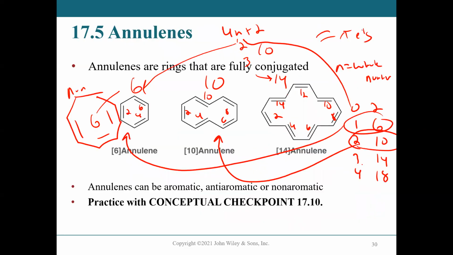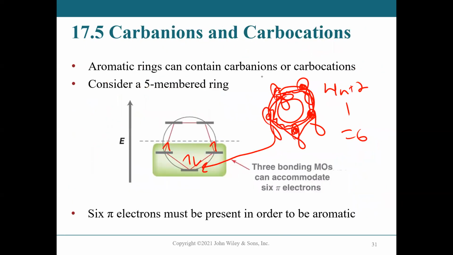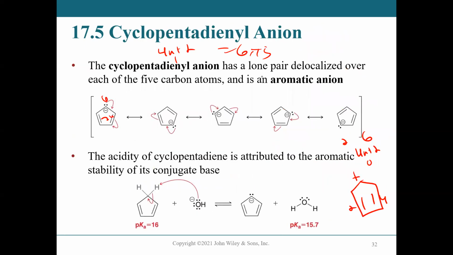And we come back here to this rule, where the anti-aromatic is, does it have a fully conjugated ring with overlapping p orbitals? So we could move those. So let's just move them. I'm just going to draw this a little smaller so I can do this.